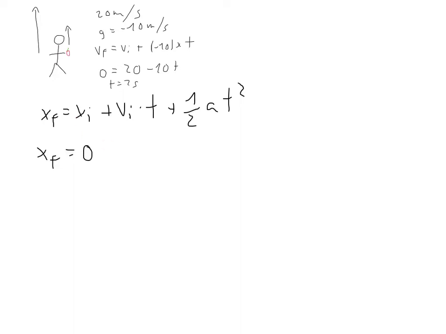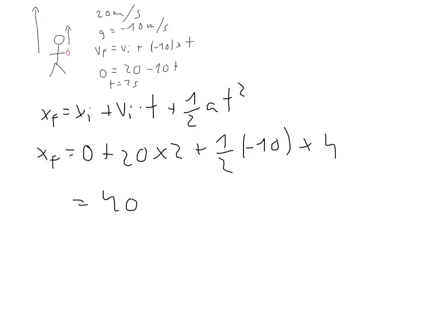So 0 plus the initial speed, I just told you, it's 20. So plus 20 times t, in this case we know that t is 2, so 20 times 2 plus 1/2 of a, so minus 10 times t squared, that's 4, right? So that's equal to 40 minus 20 equals 20 meters. So that's the final height.